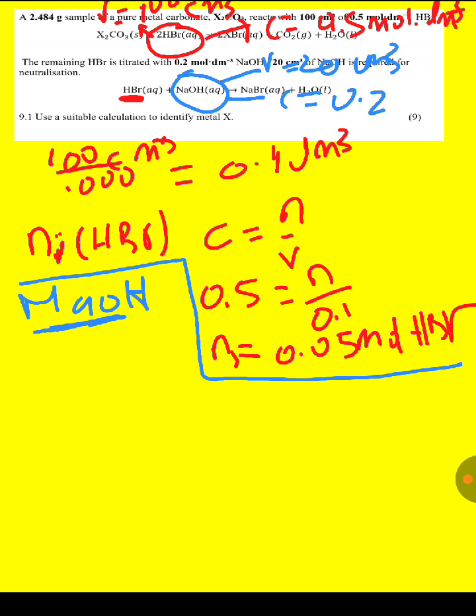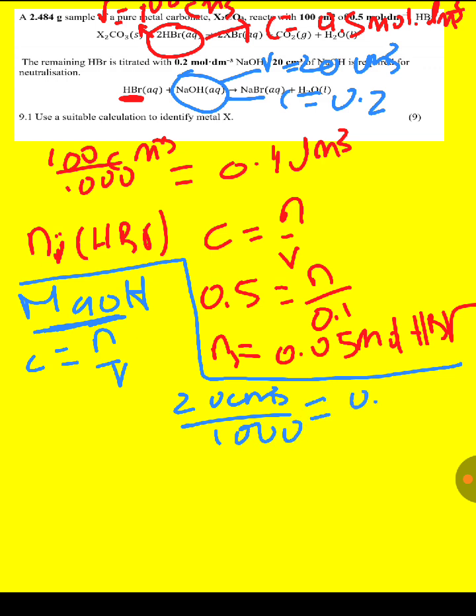So we say concentration is equal to number of moles divided by volume. But the volume was 20 cubic centimeters, so you divide it by 1,000, and that is 0.02. For concentration we have 0.2, and for volume we've got 0.02.